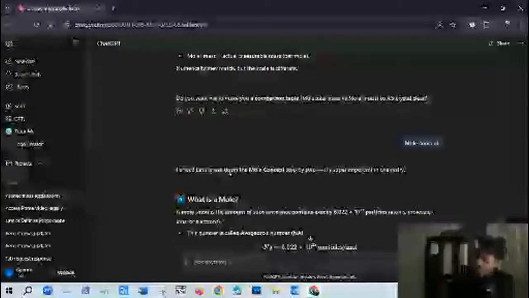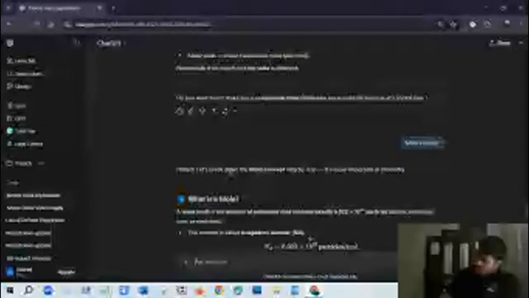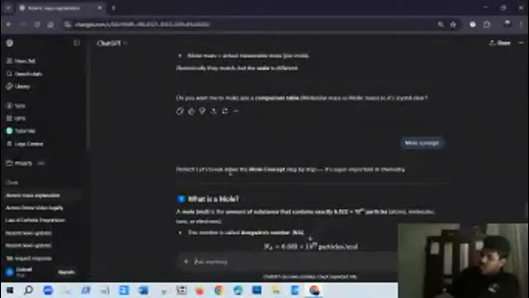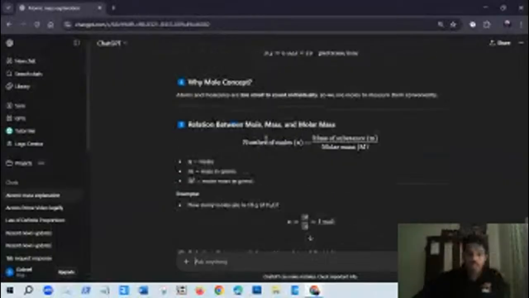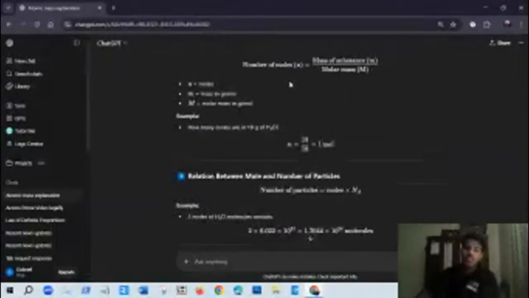Number of moles is given by mass divided by molar mass. That is n = m by M. So take an example: how many moles are in 18 grams of H2O?